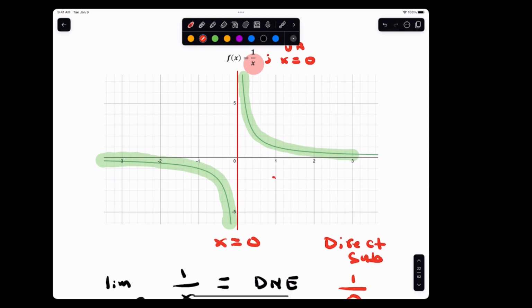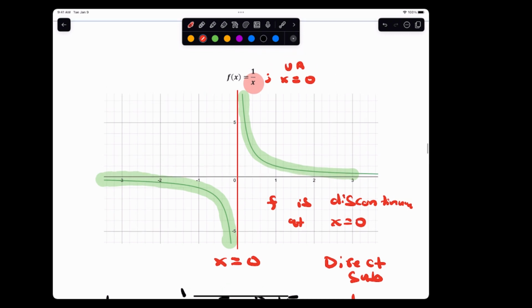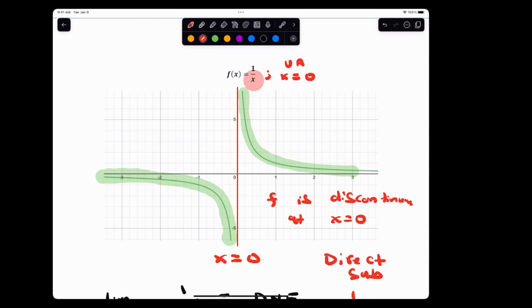In fact, the function is discontinuous at x equals 0. So that curve has a vertical asymptote at 0.